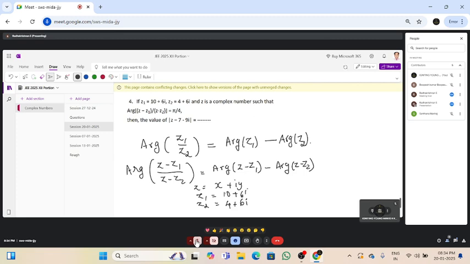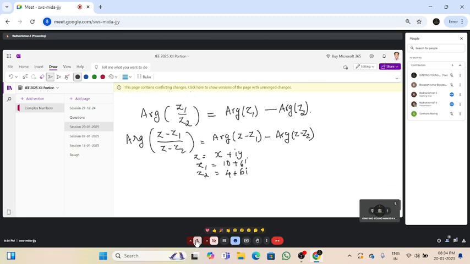So you find out arg of z minus z1 and arg of z minus z2, find the difference and equate it to pi by 4. So if you're getting each step, you can tell me what do you get for arg of z minus z1?